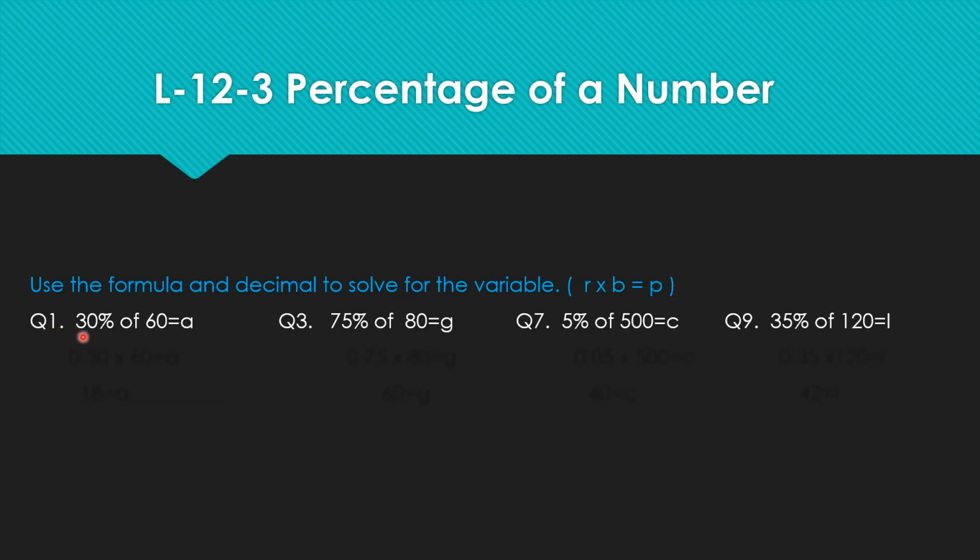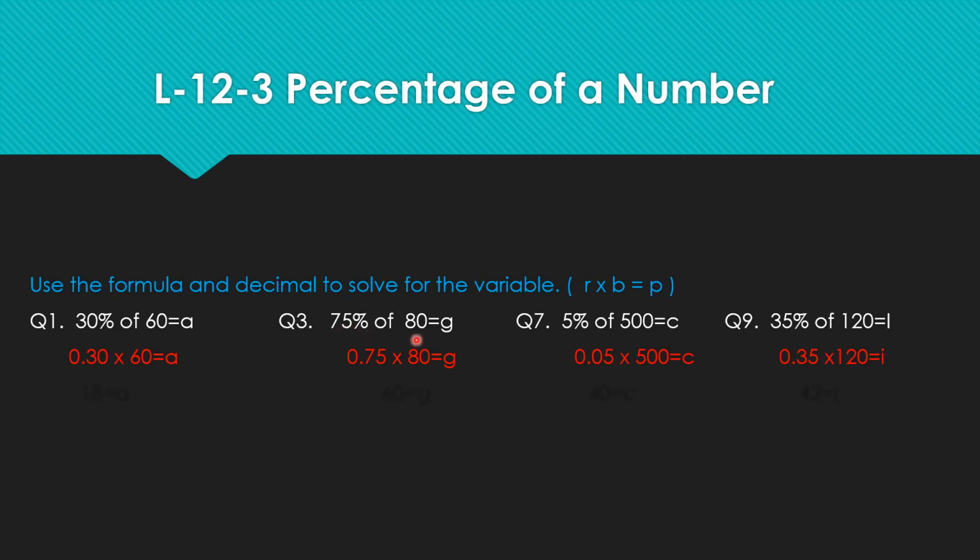What is given here? 30% is the rate, 60 is the base, and we find the percentage. What is 30% in decimal? 0.30. So 0.30 is multiplied by 60. Then you can see what the answer is. Just calculate the same way.